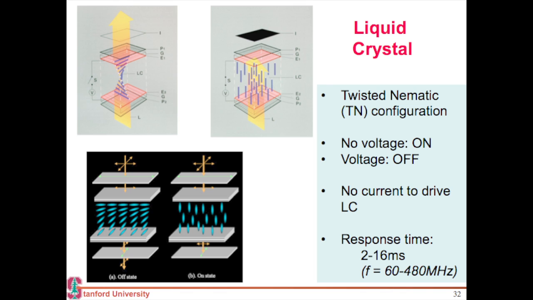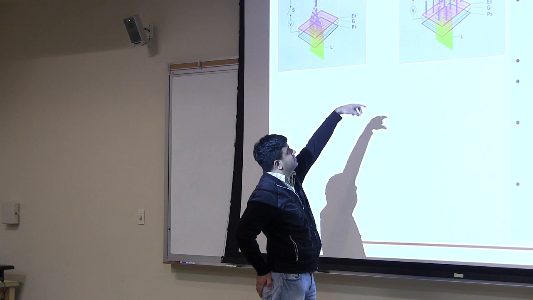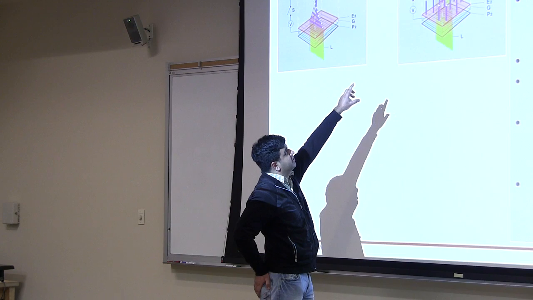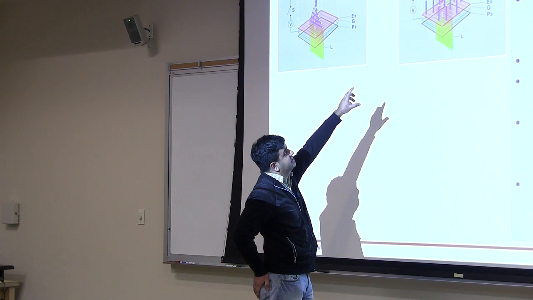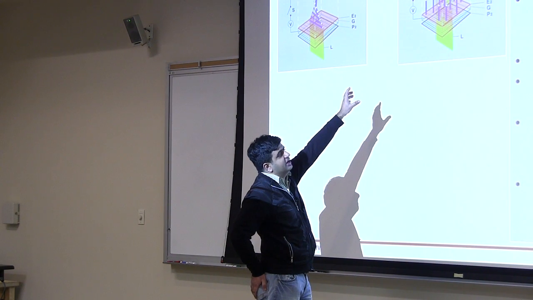So if you apply no voltage across your liquid crystal, it means that your light is on. If you apply a voltage, it orients all these liquid crystals in a particular direction. And these liquid crystals are essentially organic polar molecules, so they have some polarity to them.